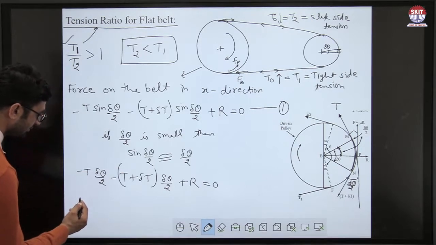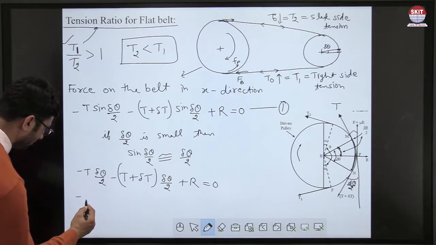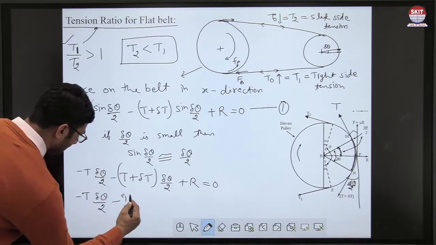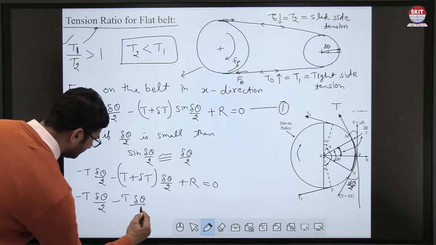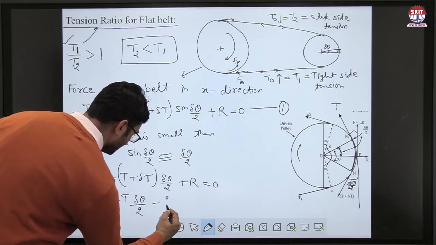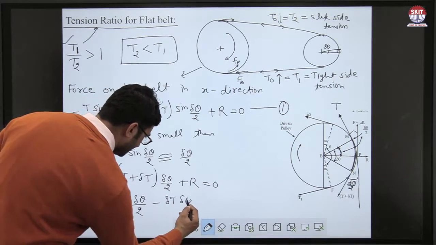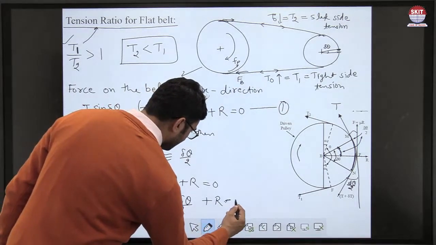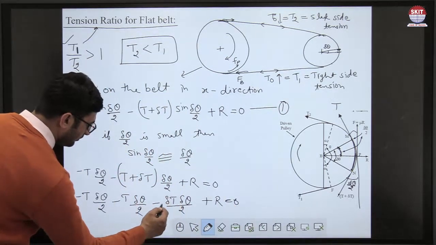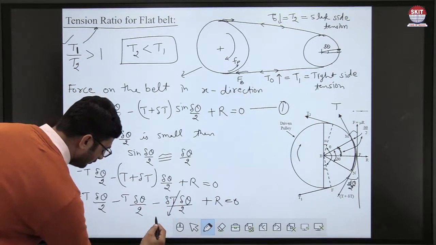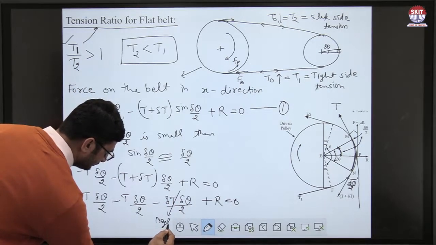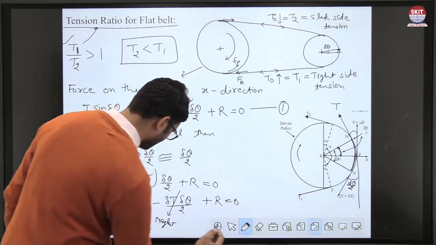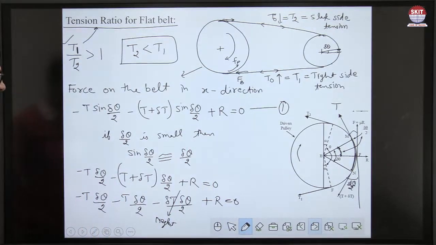We rearrange this equation: T del theta by 2 minus T del theta by 2 minus del T del theta by 2 plus R equal to 0. This is a very small quantity, so we neglect this component.